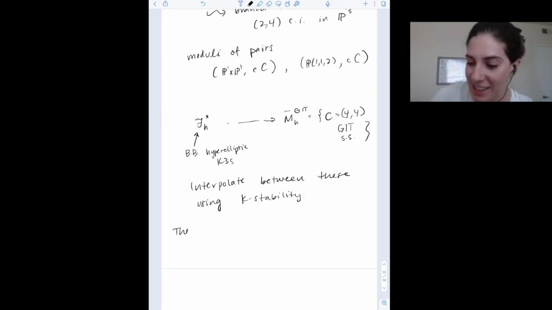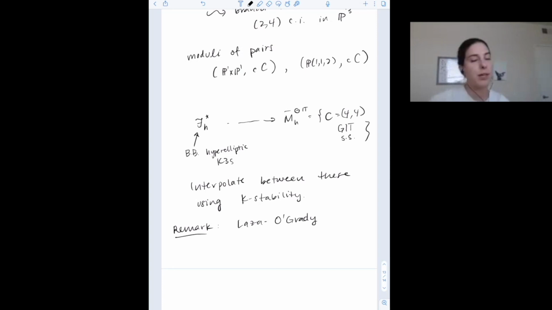I guess maybe I'll put a comment first and then a theorem. So Laza and O'Grady study this exact problem of interpolating between the hyperelliptic quartic K3s and the GIT of curves on P1 cross P1.